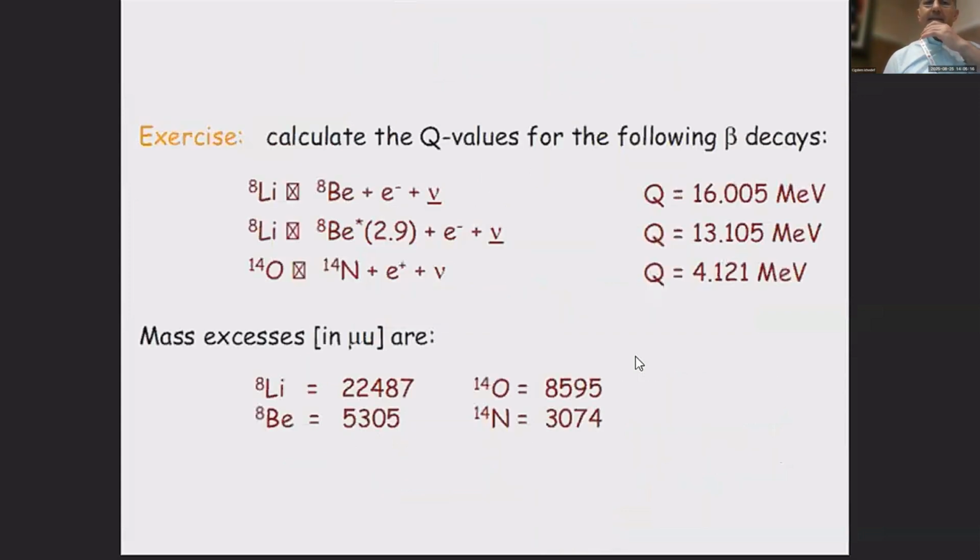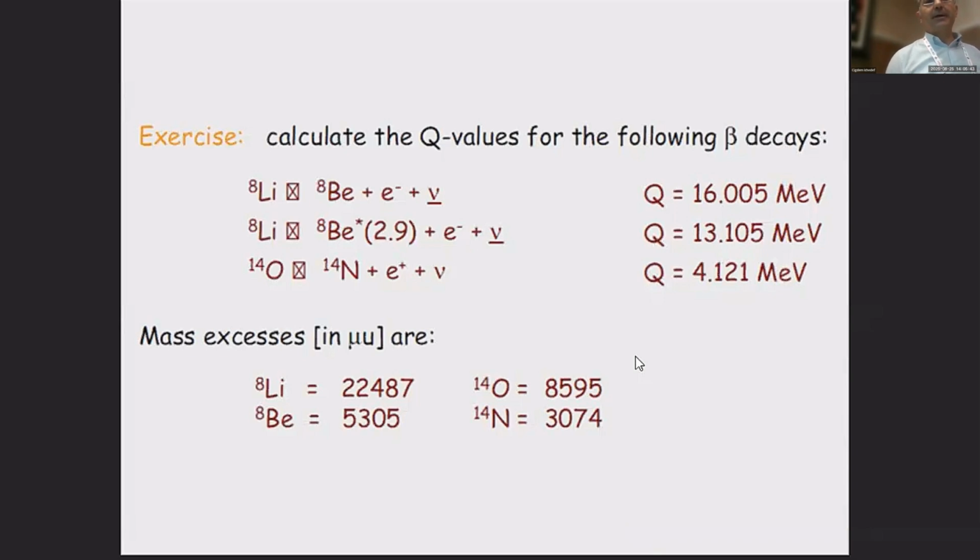Please have a look at this for your case. I mean, from lithium to beryllium or lithium to beryllium excited state, you see here. Therefore, that one will go through gamma decay to become stable, or oxygen to nitrogen. Yes, nitrogen. And the mass excess there.